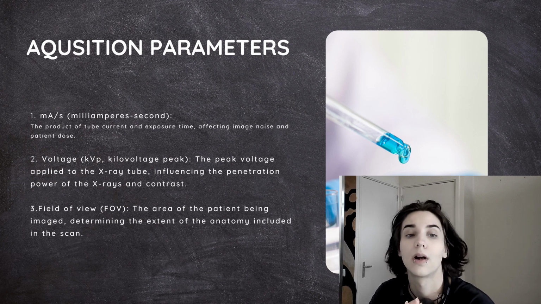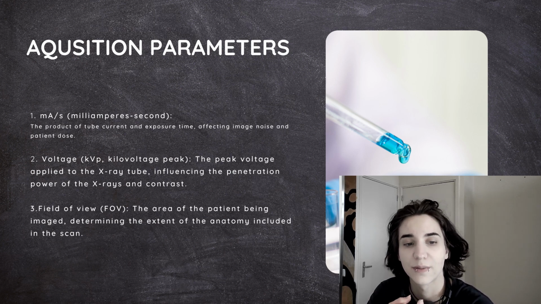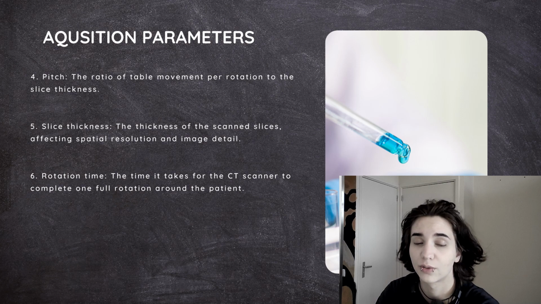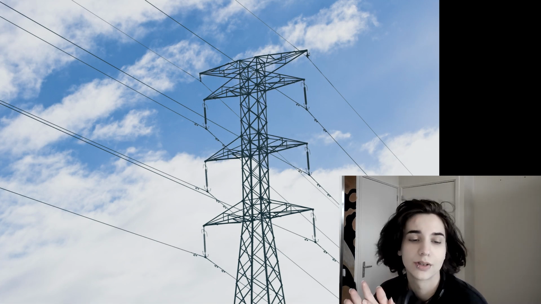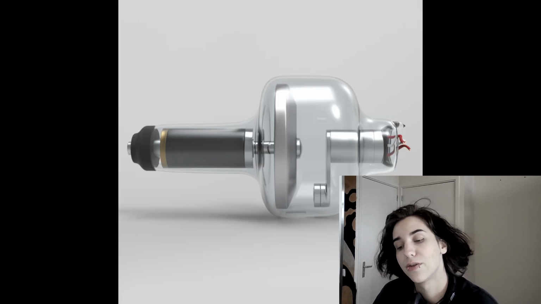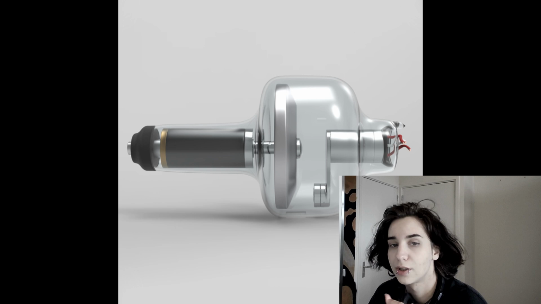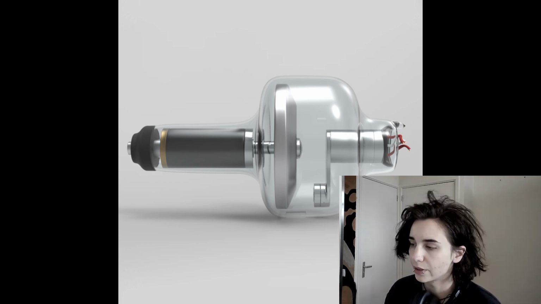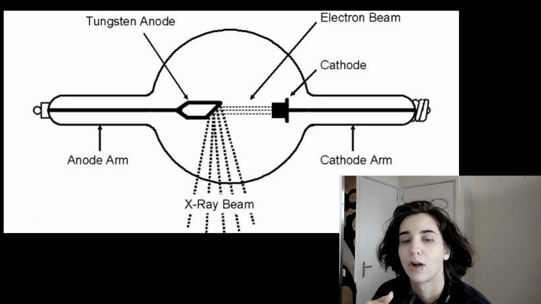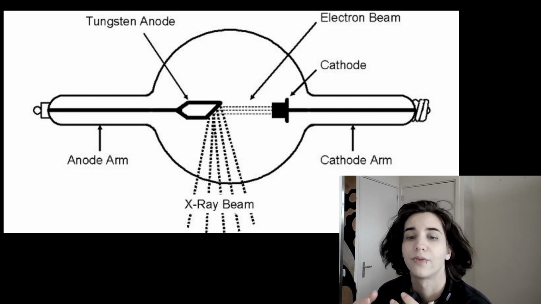So the next subjects I would like to talk on are mAs, kVp, tube current, slice thickness, rotation time, field of view, and in the end pitch. So mAs is basically the current that passes through the cathode into the anode, where it meets with the atoms of tungsten, and that will change the path of the electron, and that will result in a photon of X-ray.